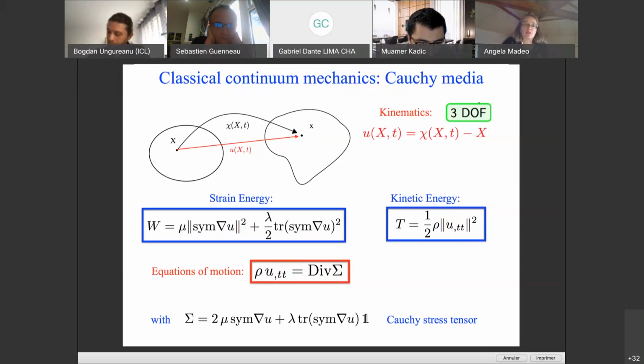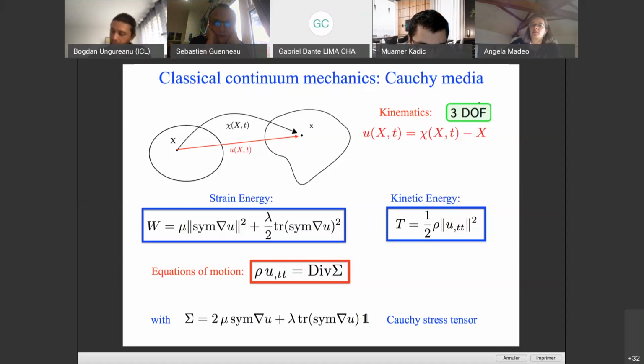What we do with this strain and kinetic energy is to apply the standard least action principle, and we get the equations of motion either in weak or strong form. So here in red, you can see the classical balance of forces for Cauchy continua.